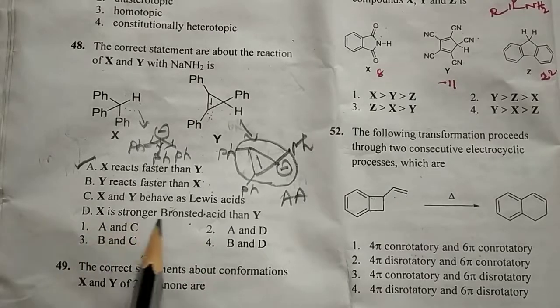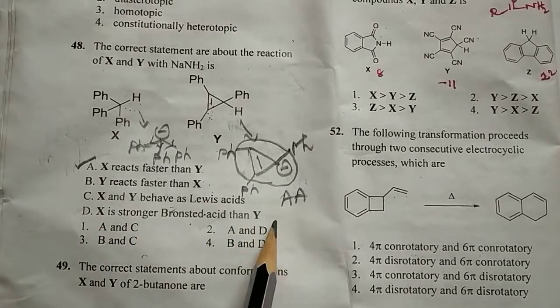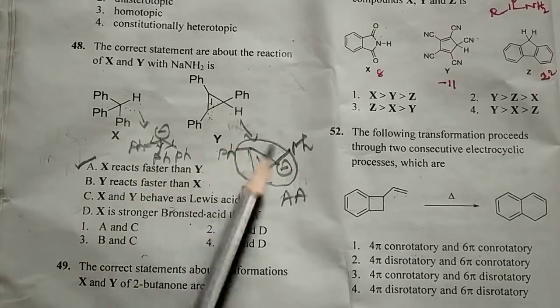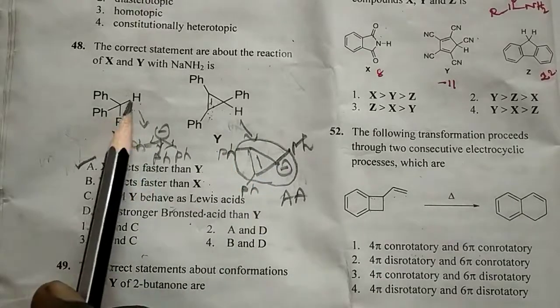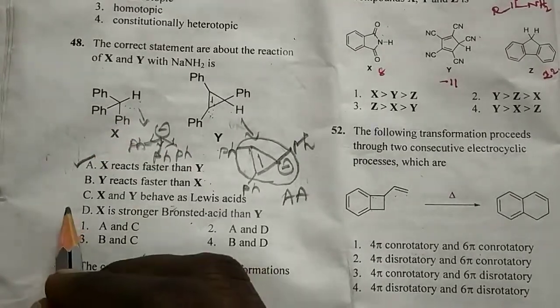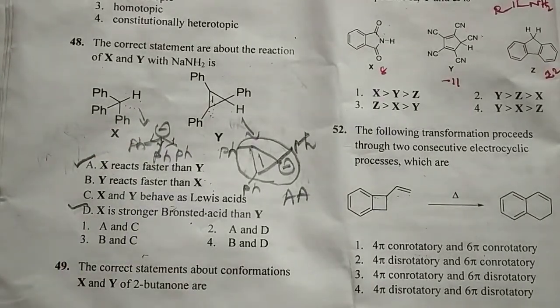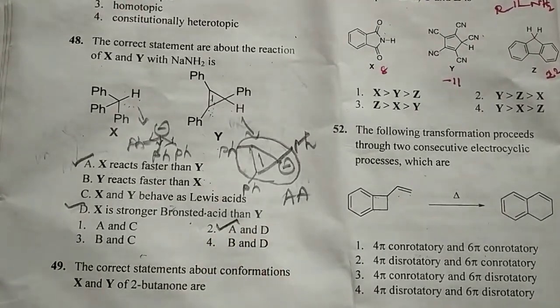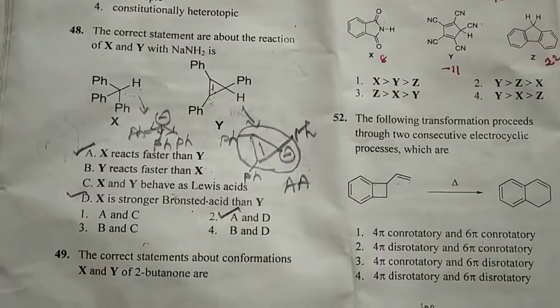So X is a stronger Bronsted acid than Y. Of course, X can give a better anion, so it can easily donate this proton. It is a stronger Bronsted acid. So D is also a correct statement. So A and D. Option 2 is the right answer.